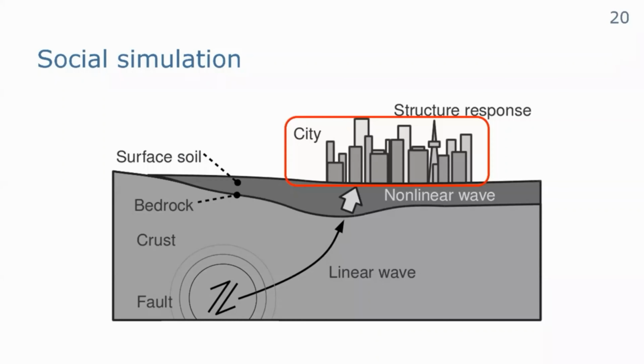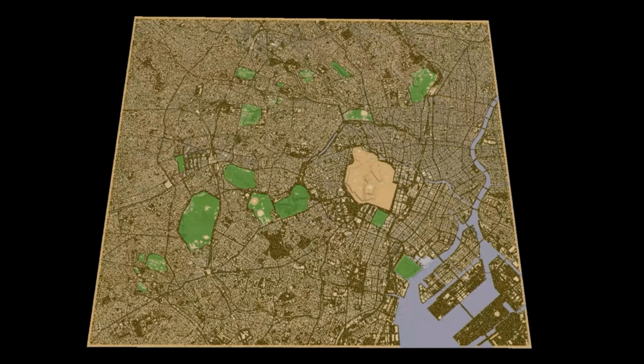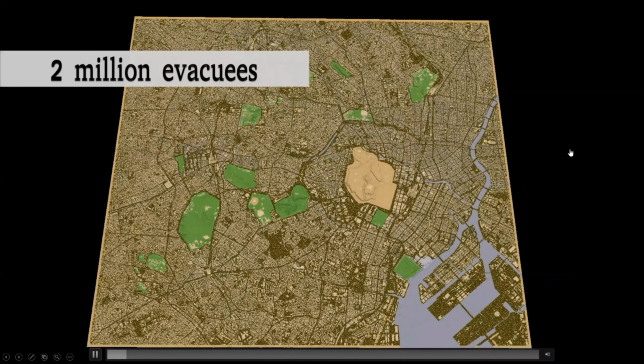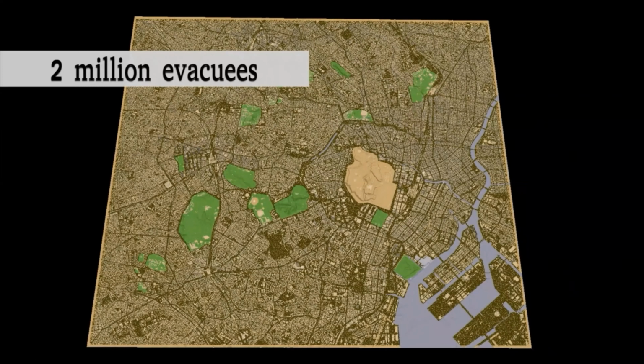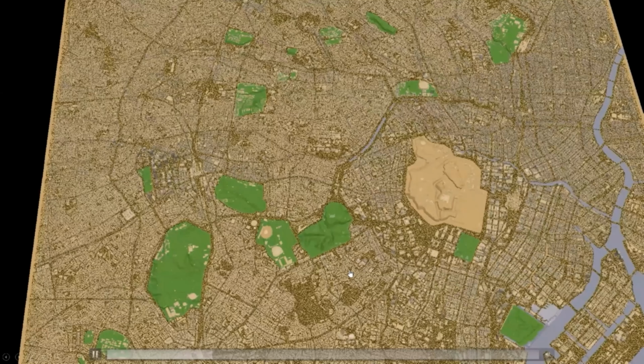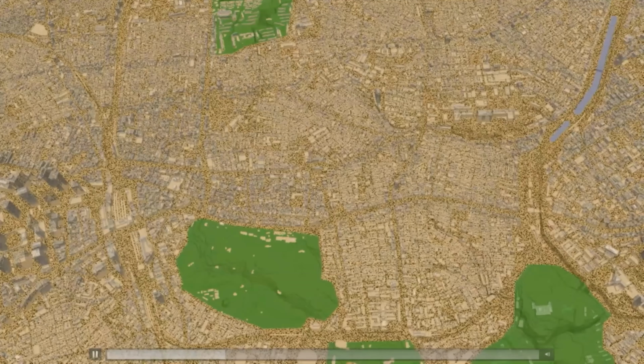So finally, we can compute the evacuation process in the city. My colleague, Professor Lares, conducted this agent simulation. Here, there are 2 million evacuees in this 3D city model.